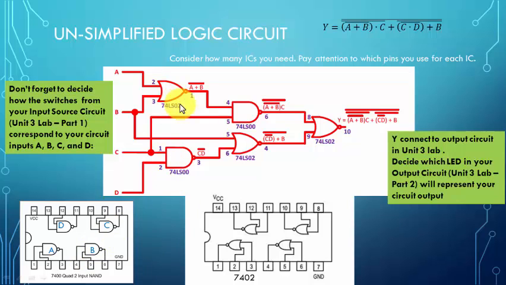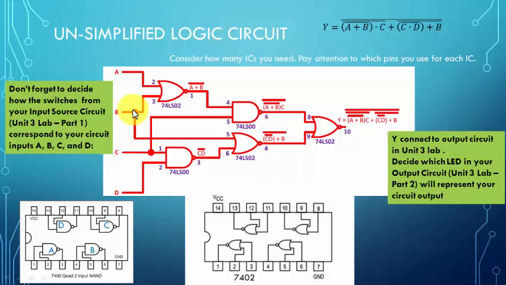For the NOR gates we used this gate, and the gate located over here. And my suggestion is when you sketch the circuit diagram, you better label the pin number of IC on your diagram. That will make things much easier to identify.